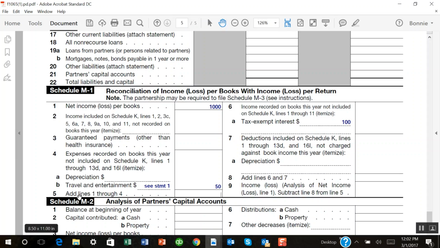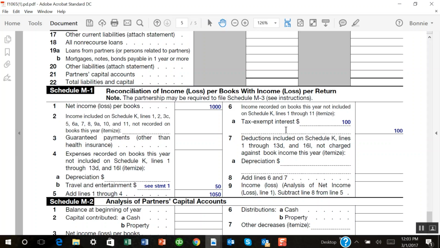So what it tells you to do is add lines 1 through 4 here. So I have 1,050 here. And then it tells me here on line 8, add lines 6 and 7. So line 6, oh, and by the way, I need to carry my 100 over here, right? Because I might have more than one kind of income sitting on my books that's not taxable on the return.